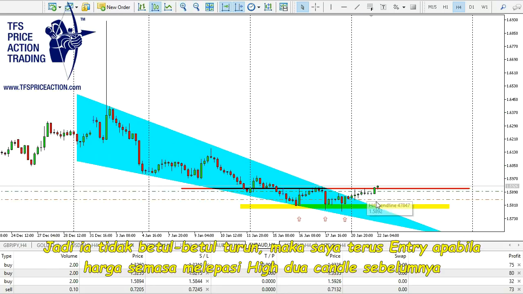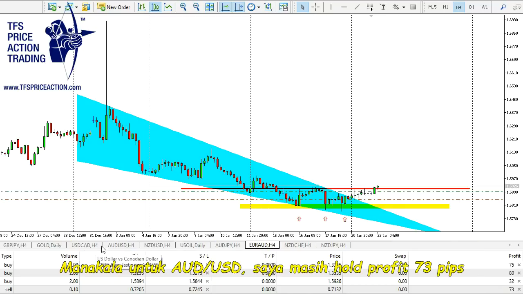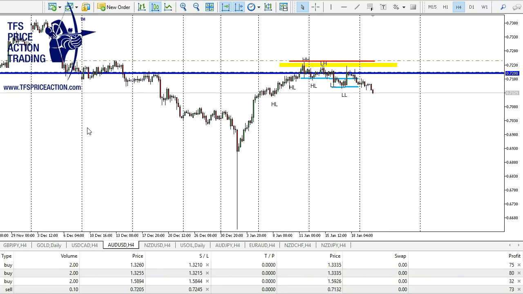So it doesn't really go down, so I just took the trade when the candle passed the high of the previous two candles. So far so good. It's been 32 pips.